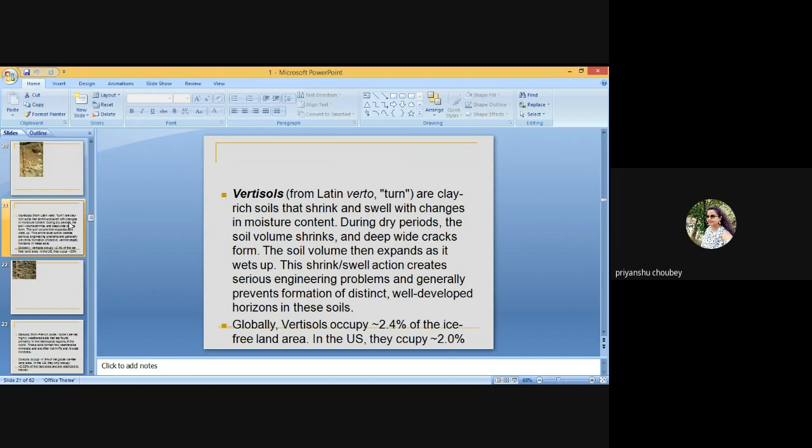Vertisol is from a Latin word. It means verto. Verto means turn. These are clay-rich soils that shrink and swell with change in moisture content.